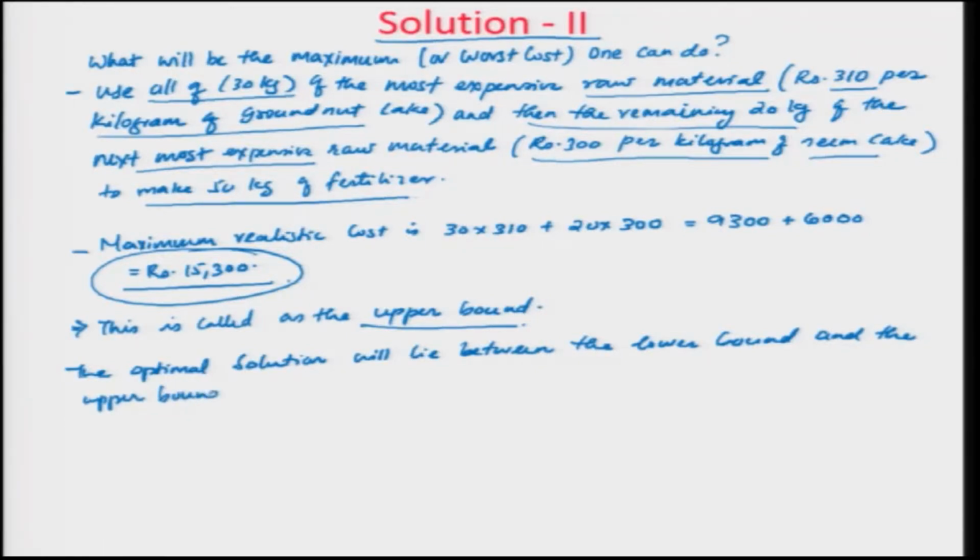The optimal solution always will lie between the lower bound and the upper bound. We have seen what an upper bound is and what a lower bound is.